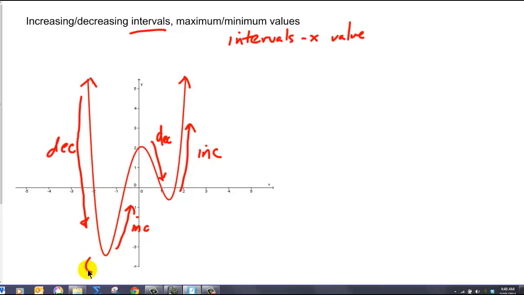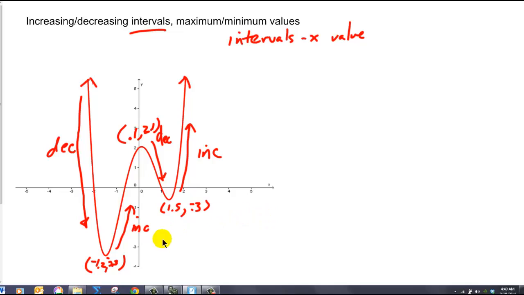Let's say this point right here is roughly negative 1.2 and 3.3. And then we'll say this point right here is 0.1 and 2.1. And we'll say that this point is 1.5 and negative 0.3.